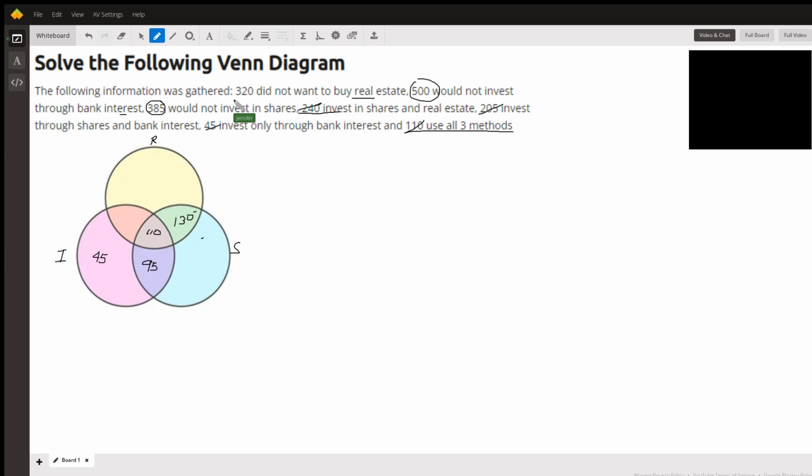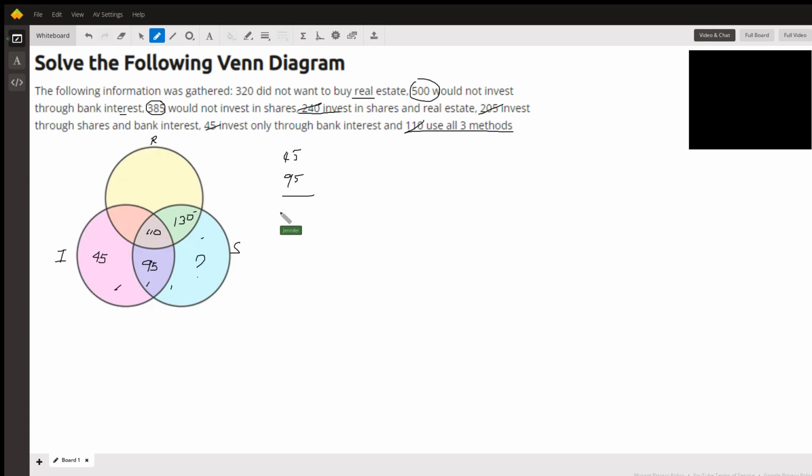Next is 320 would not buy real estate. So real estate is the yellow. Anything that's not yellow, so that would be this, that, and that. Well, you already have two things that are known. So therefore, you can find out this plain blue number right here. So you're going to do 45 plus 95. So that would be 140.